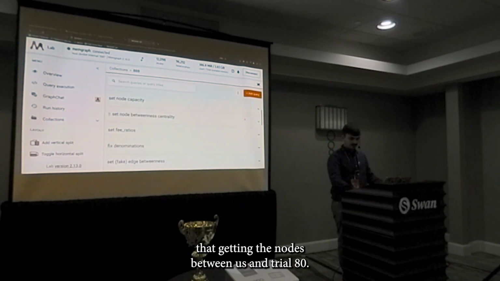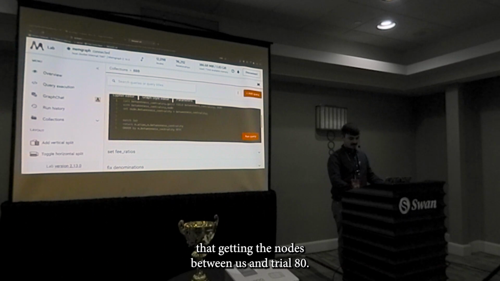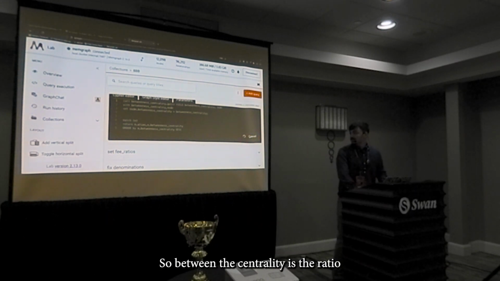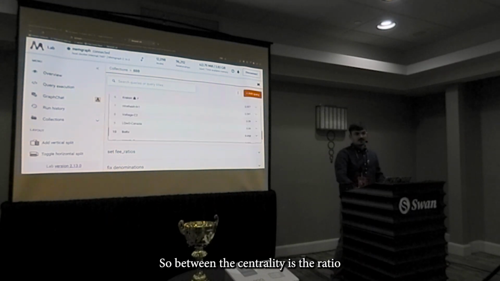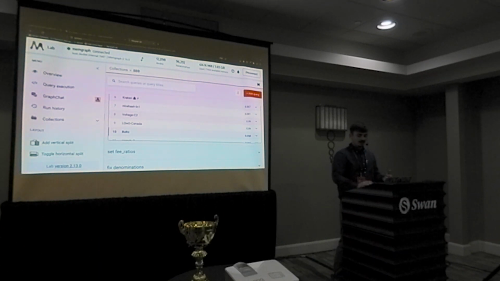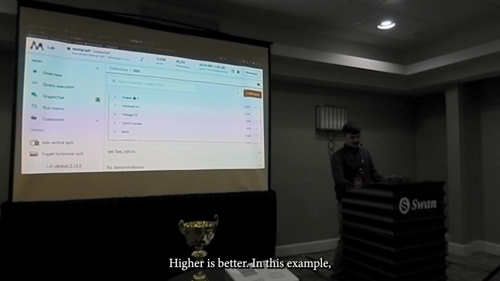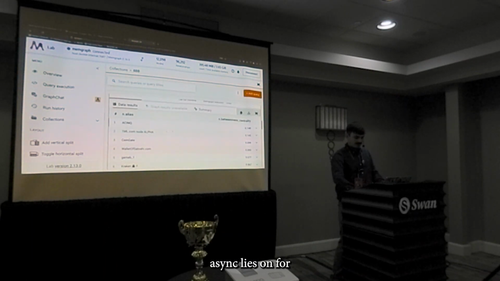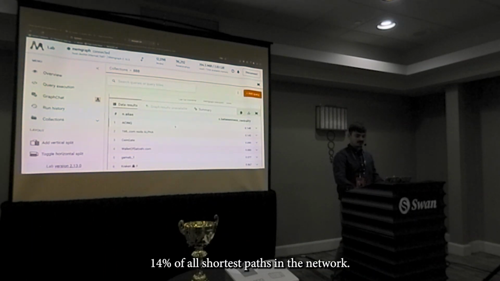So setting that, getting the nodes' betweenness centrality. Betweenness centrality is the ratio of shortest paths that you lie on versus all shortest paths in the network. Higher is better. In this example, Async lies on 14% of all shortest paths in the network.